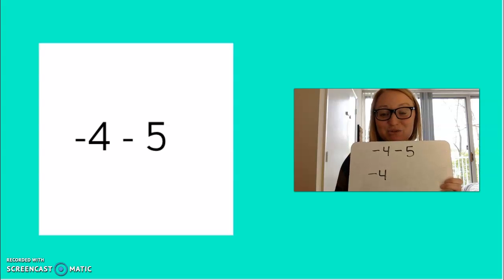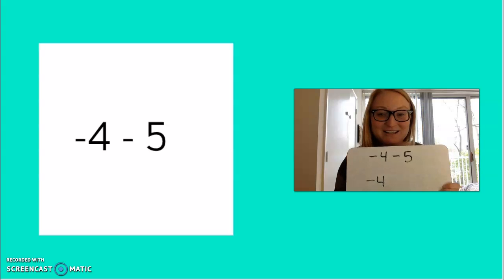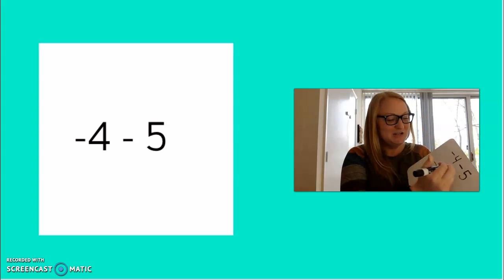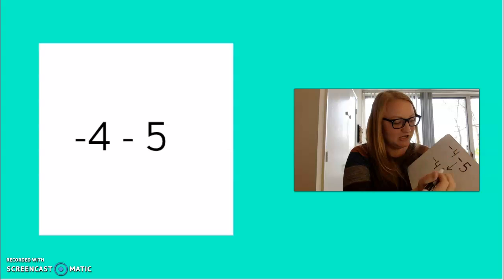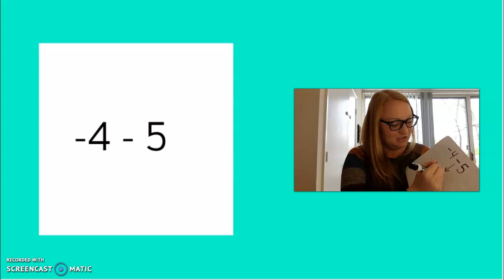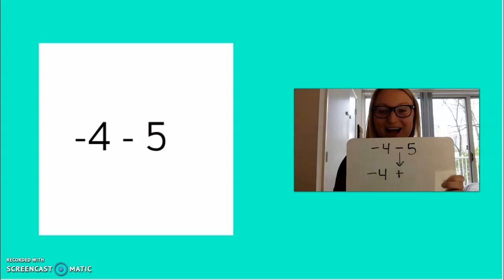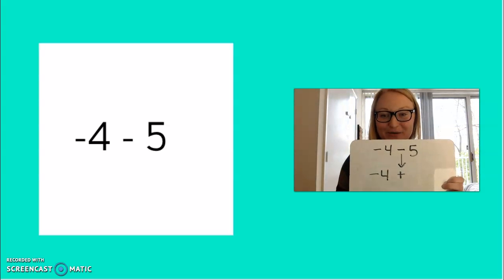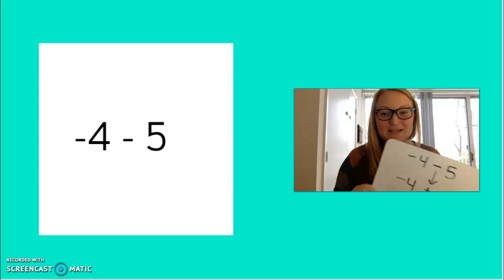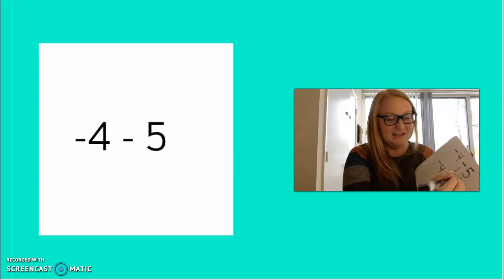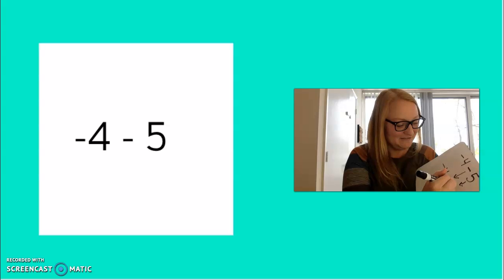Then the inverse of subtraction is addition. So I'm going to change the subtraction sign to an addition sign. And then I'm going to find the opposite of the final number. So the opposite of 5 is -5.